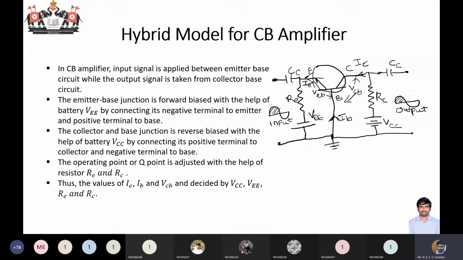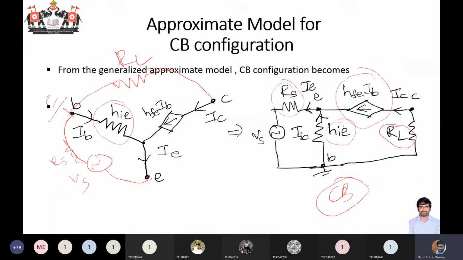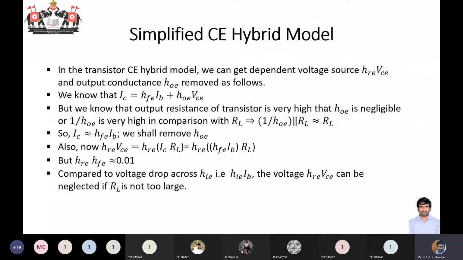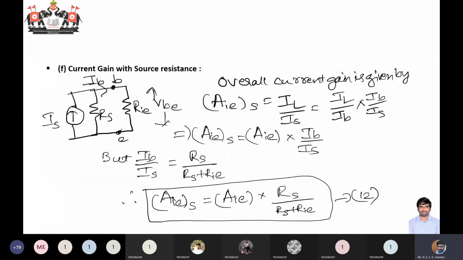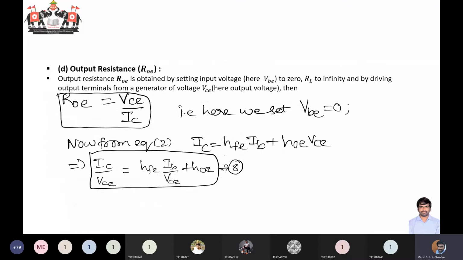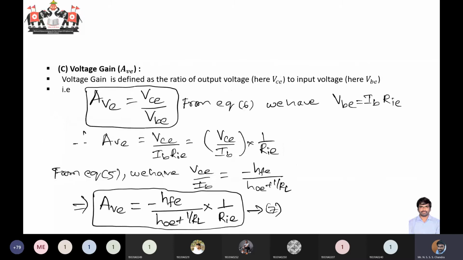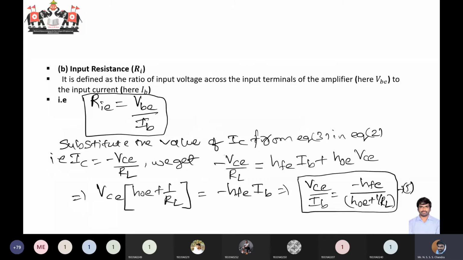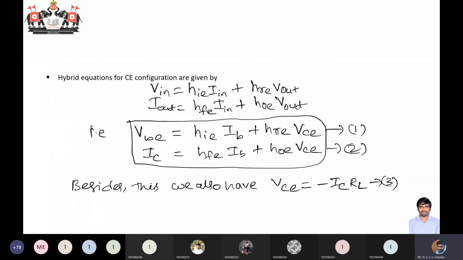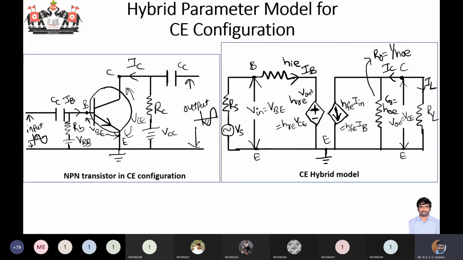If you go back and see the diagram, you can see that for the input I am giving a sinusoidal signal, and at the output I am getting a sinusoidal signal with a phase shift of 180 degrees, because it's a CE transistor.